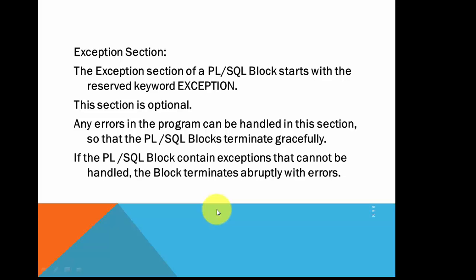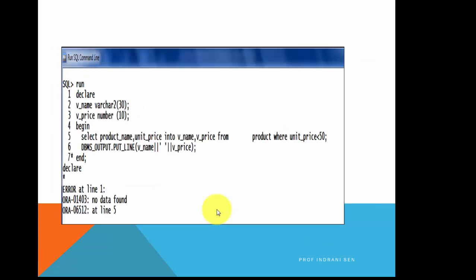Here I am just giving you an example. You can see we have a PL/SQL block in which we have declared two variables for the name and price of the product, and after that we have written a select statement: select product name, unit price into these two variables, because select into is allowed inside the PL/SQL block implicitly, from product where unit price less than 50.